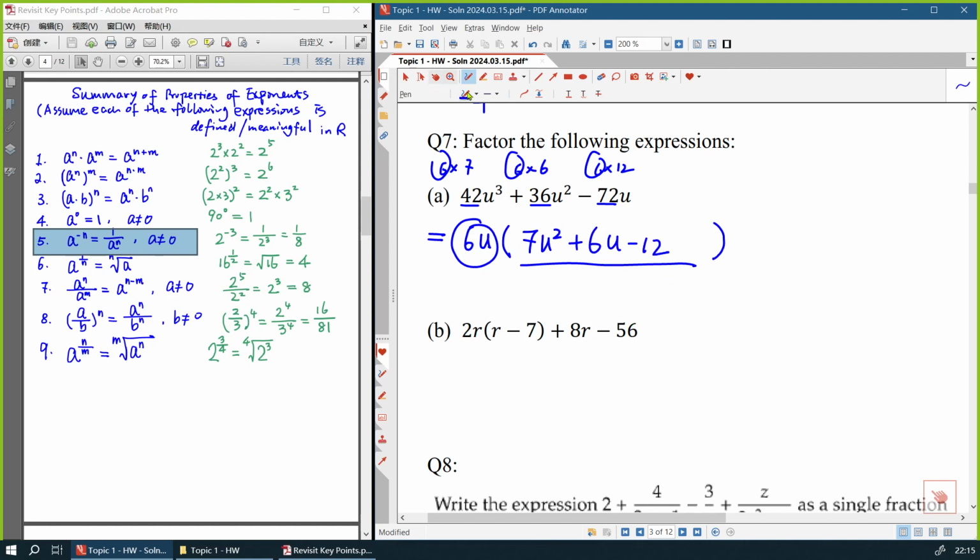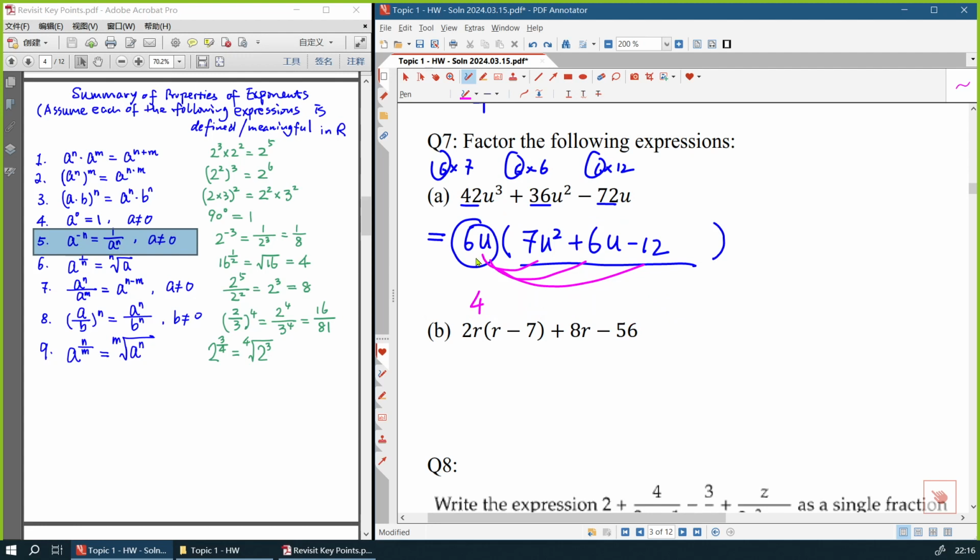Okay, and if you're not confident with the result here, always use the distributive law to put it back and see if you get the original expression, right? So if you distribute 6u back into the parentheses, you will get 42u cubed plus 36u squared minus 72u, right? And apparently this is identical with the original. So your factoring here is correct.